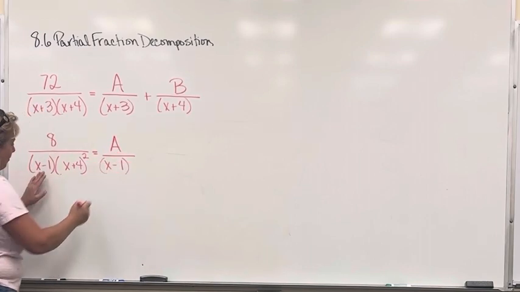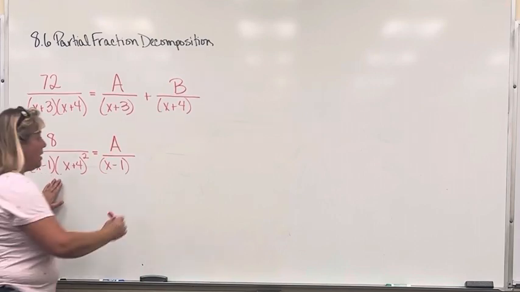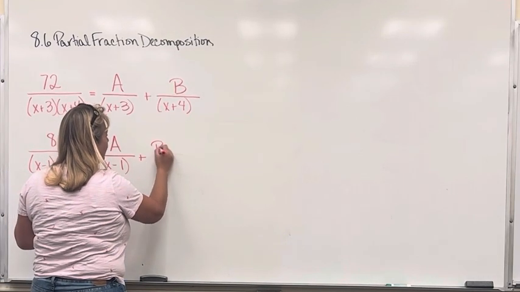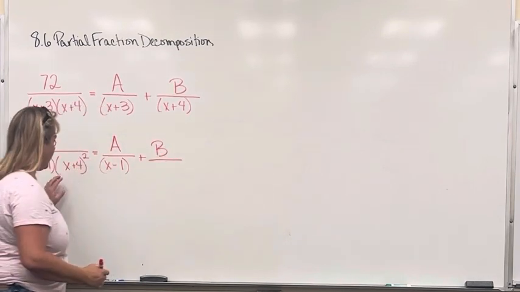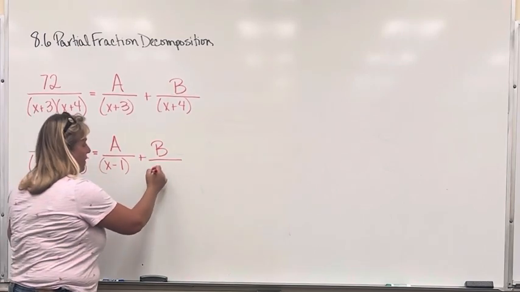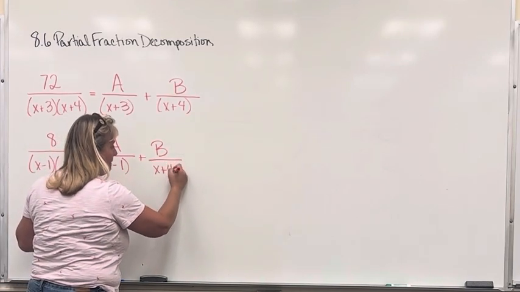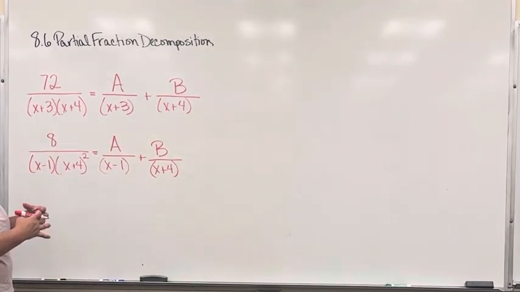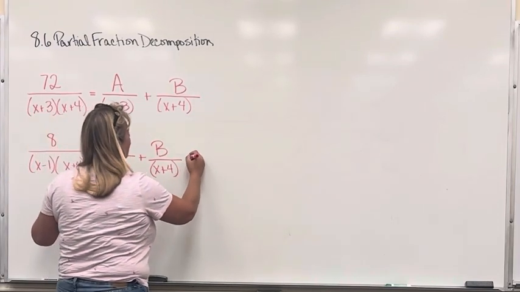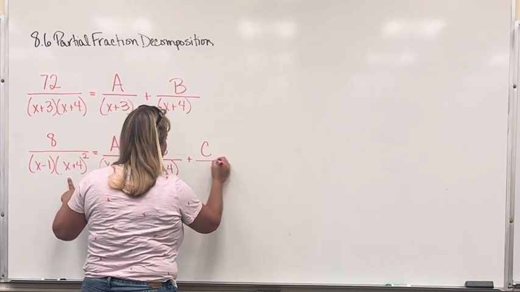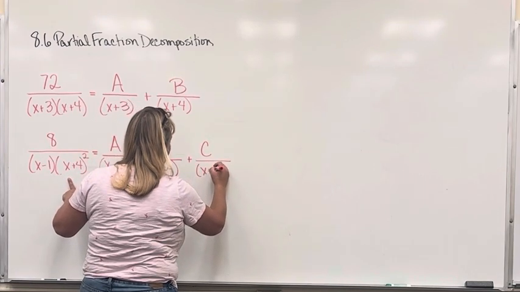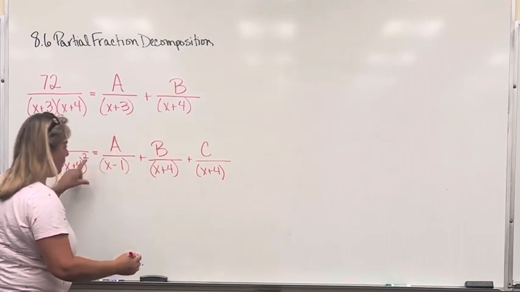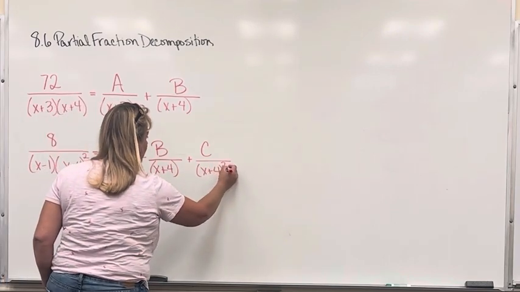Okay? That would have been one of our denominators. And then we have to make the possibility of all the different denominators. So we're going to take B over x plus 4, because that could have possibly been one of our denominators if we were pulling this apart. But then we need to go C over, and we don't just do another x plus 4, because of that we go x plus 4 squared.